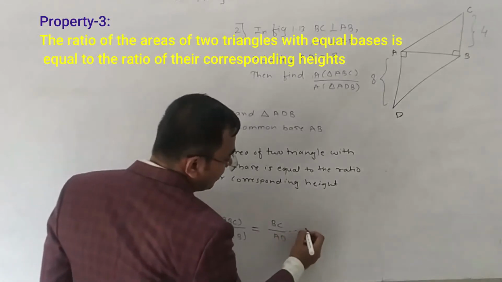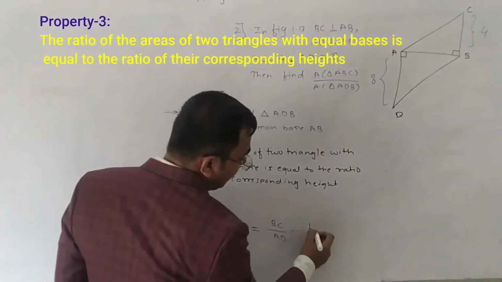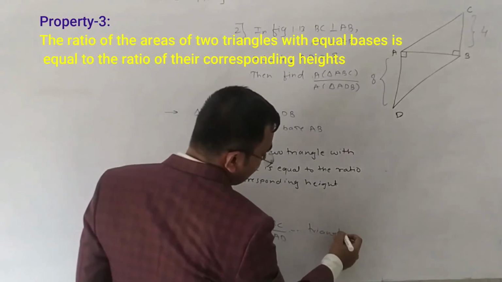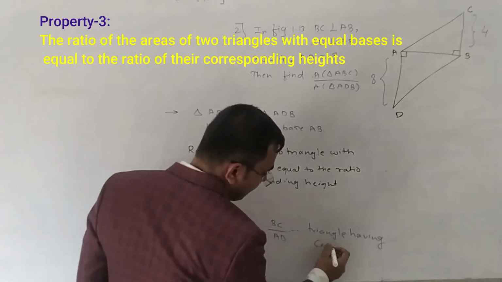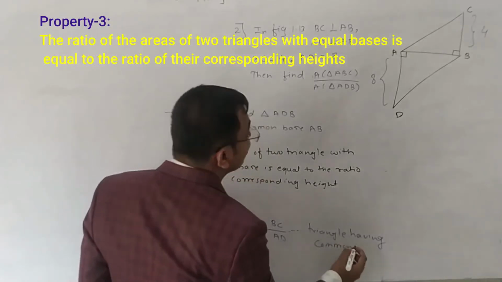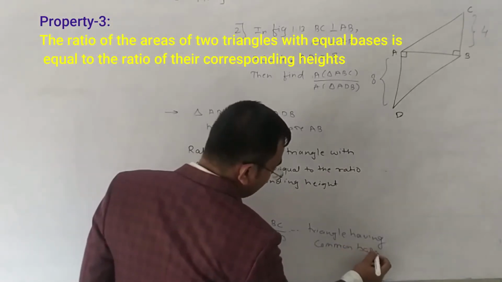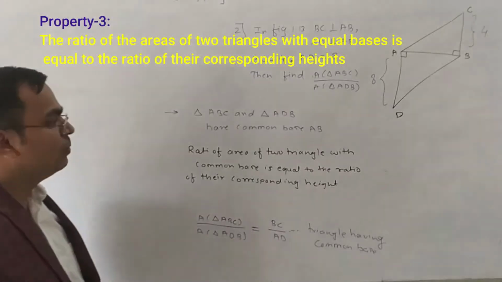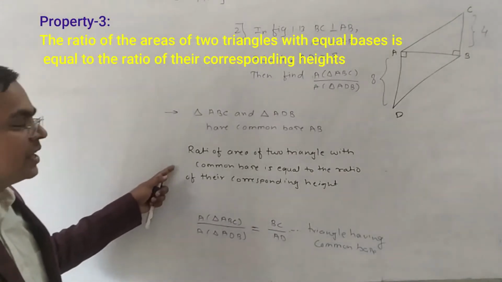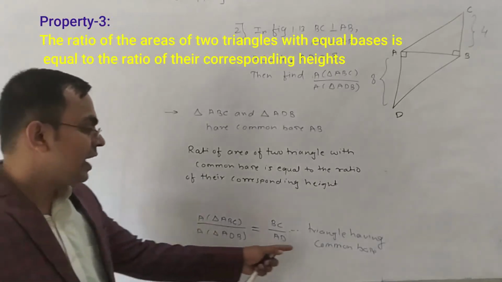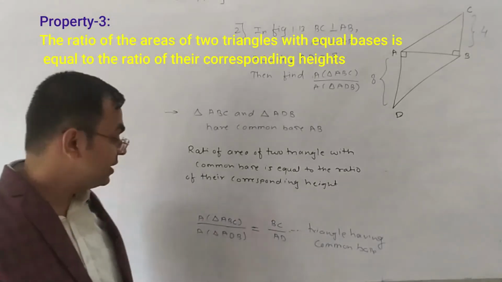We can write triangles having common base. This sum will come for 2 marks only, so no need to write this property. Just remember this property and this statement you have to write while solving this sum.